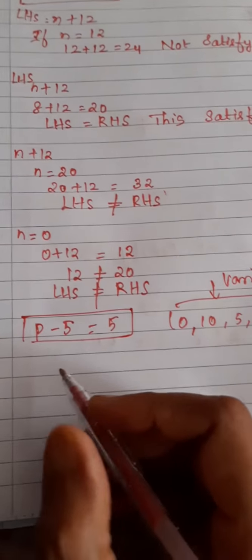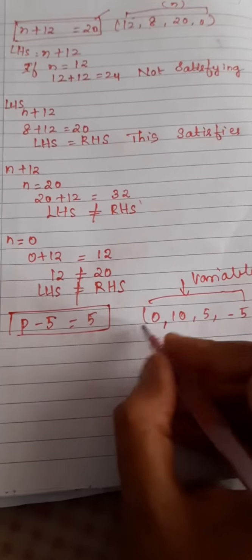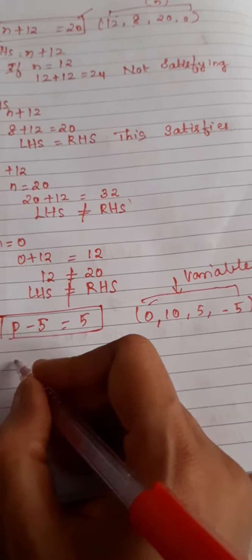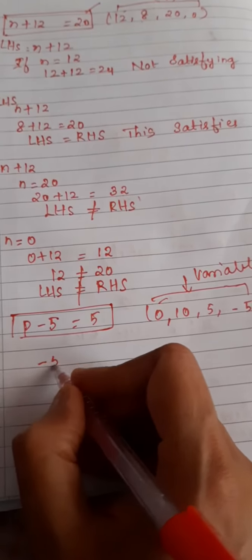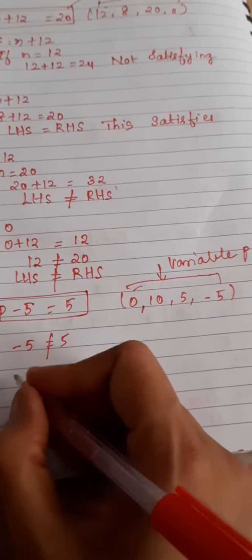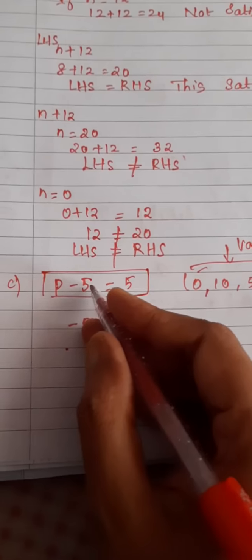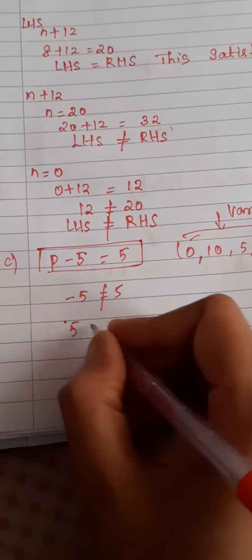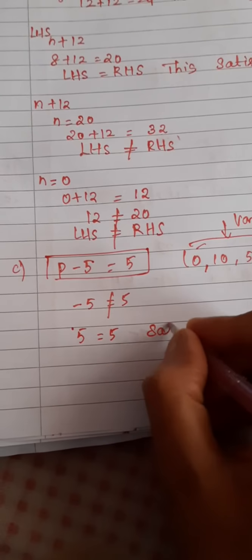You have to show it in detailed steps this way, but since I have explained already for 2 questions, I'm just going faster. First for the value 0, it's going to be 0 minus 5 is equal to minus 5, not equal to 5. Then the value is 10, so 10 minus 5 is 5, equal to 5, satisfies.